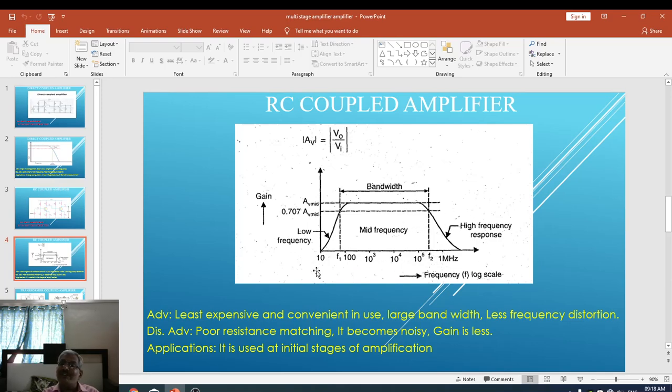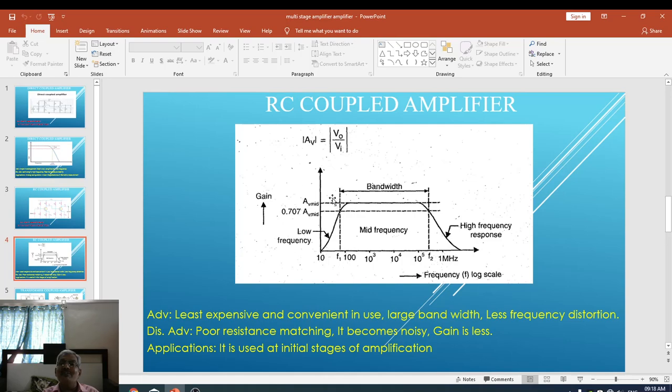Thus, in an RC coupled amplifier, the frequency response changes from low frequency to mid frequency and from mid frequency to high frequency: as frequency increases, gain increases, further increase keeps the gain constant, and further increase decreases the voltage gain. The voltage gain in the mid frequency range is maximum.